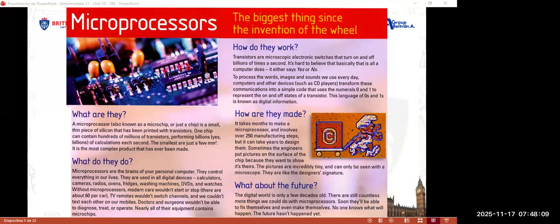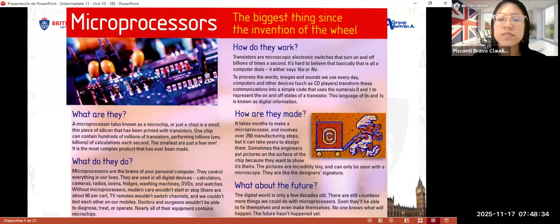Sometimes the engineers put pictures on the surface of the chips because they want to show it's theirs. The pictures are incredibly tiny and can only be seen with a microscope. They are like a designer's signature. Okay, thank you, Jefferson. Well done.